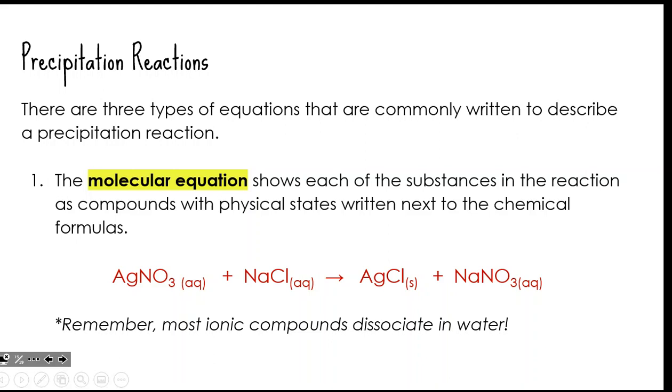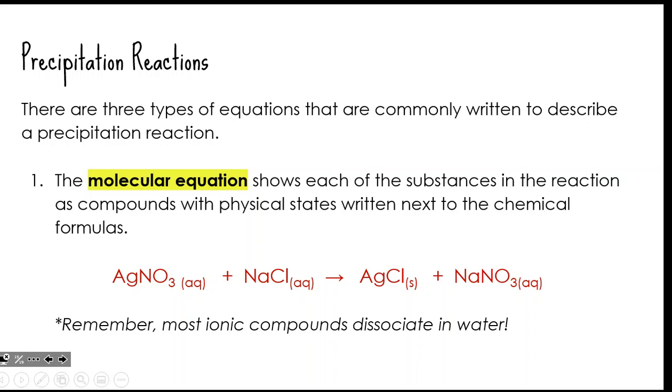So this is the basic normal balanced reaction. We call that the molecular equation, even though most of the stuff in there is not a molecule, they are ionic compounds. So the regular balanced equation that shows all of the compounds written like normal with their physical states next to them is going to be called the molecular equation.